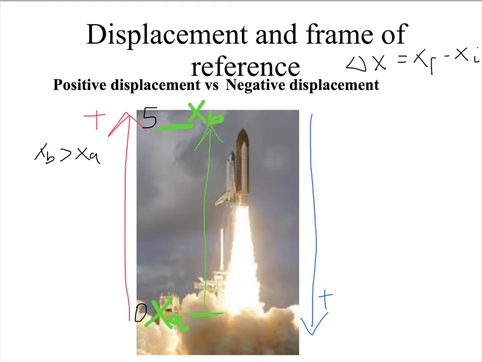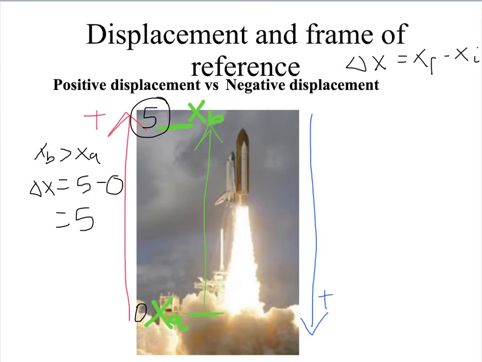Okay, so over here, our delta x will equal its final position of 5 minus its initial position of 0. Okay, so the total displacement is 5. On this other side now, okay, now we've decided that this is the positive direction, going down.